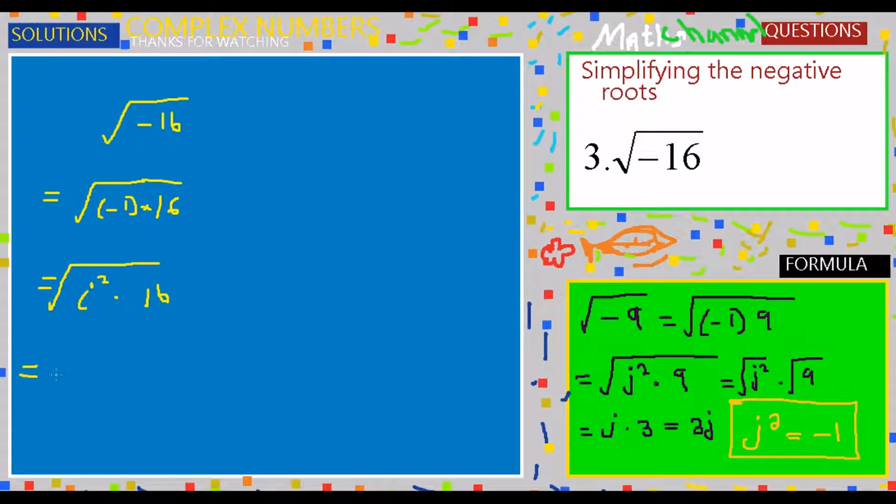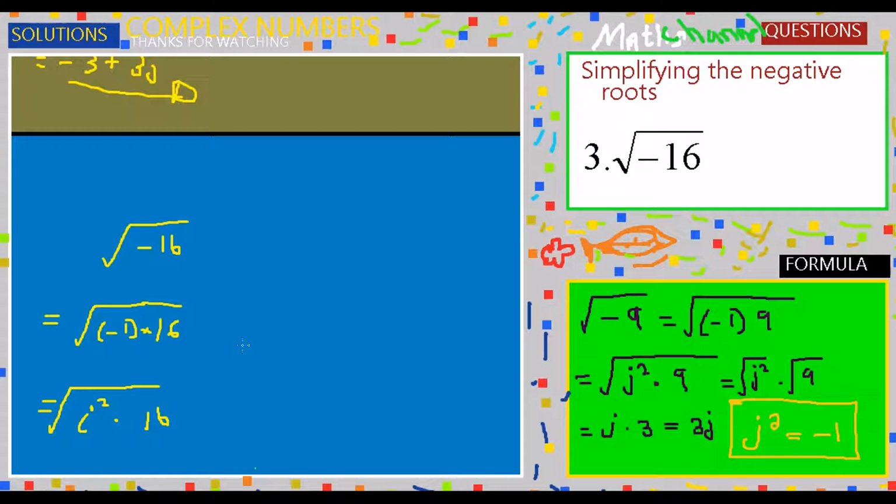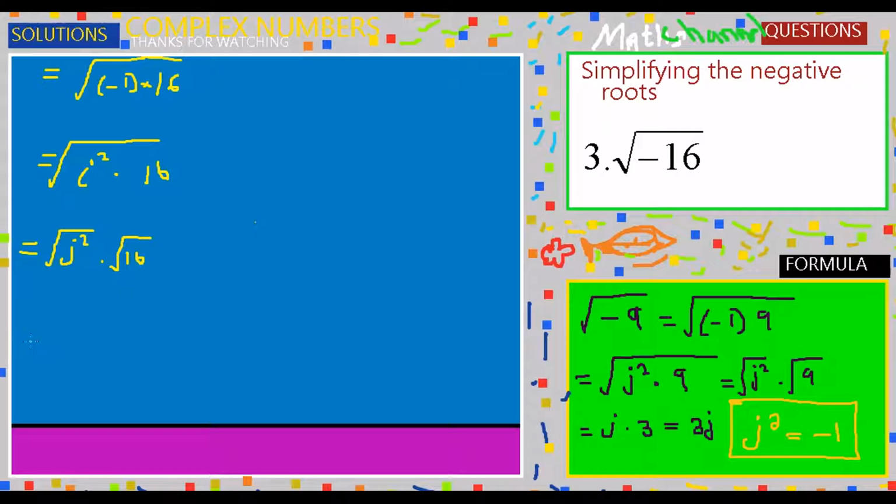Changing negative 16, you'll have a negative 1 and then a 16 aside. You can split this as j square and 16. Then from this point we have j. What is the square root of j square? It's j. What is the square root of 16? It's 4. You write 4, and then this is 4j as the answer.